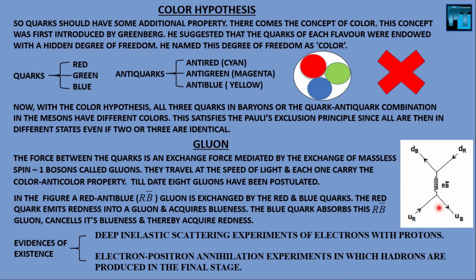In that case the final products are hadrons. Now one question is also there: if there are experimental evidences of gluons, so there must be some experimental evidences of the quark particles. Yes, of course, there are experimental evidences.